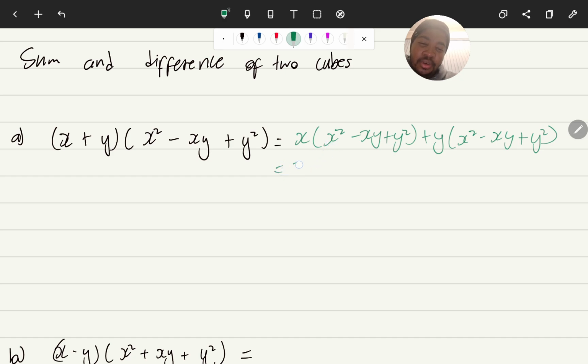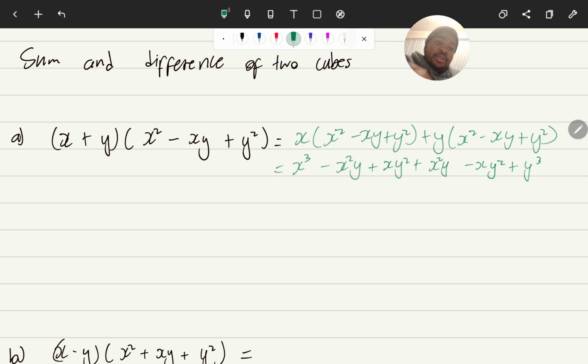Then you have x to the power of 3 minus x squared y plus x y squared plus x squared y minus x y squared plus y to the power of 3.